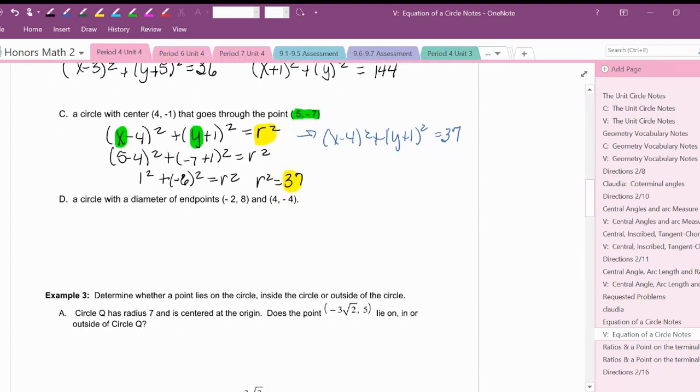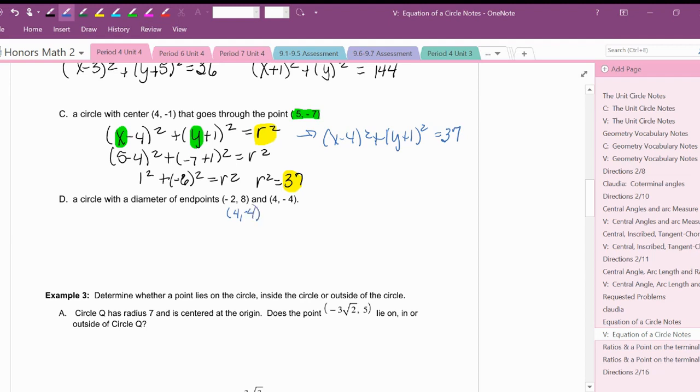Now we have a circle with a diameter of endpoints. So this one's going to require a bunch of work. We need to use this information to get both the center and the length of the radius. How I would start this problem, though, is I would start by stacking these 2 points one on top of the other.